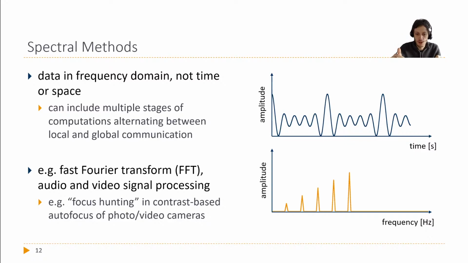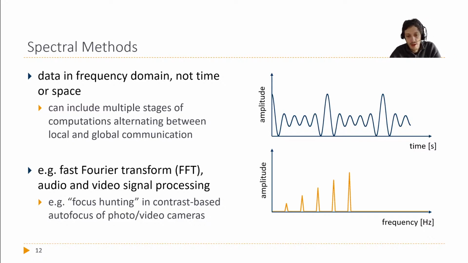And because contrast autofocus doesn't know the exact distance, it's not really measuring, it's just checking when the picture is the sharpest, it actually needs to move beyond this peak in order to know, okay, that was the highest point, now it's getting worse, I need to move back now. Because for every sharpness point, contrast-based autofocus doesn't know that this is the maximum. It needs to move beyond that.